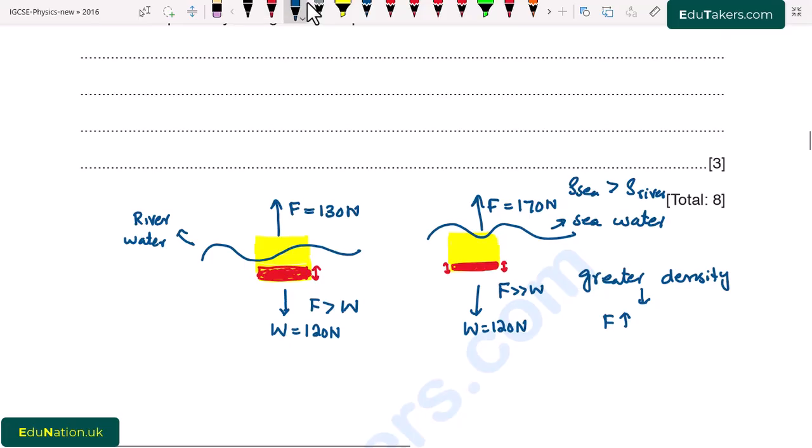So I write here: depth in sea water is smaller as compared to river water. It is because of the density.